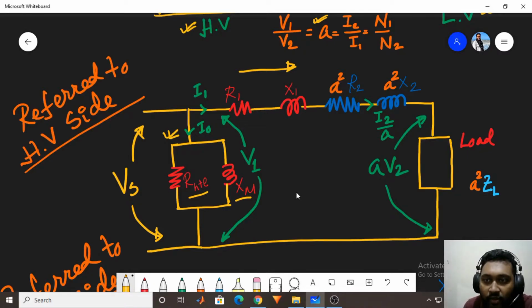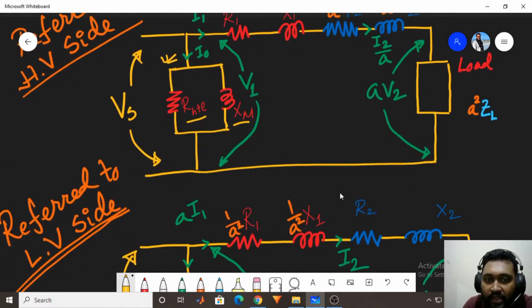That's how we can transform or refer our total transformer circuit to the high voltage side. The currents and voltages are also mentioned here, as you can see.